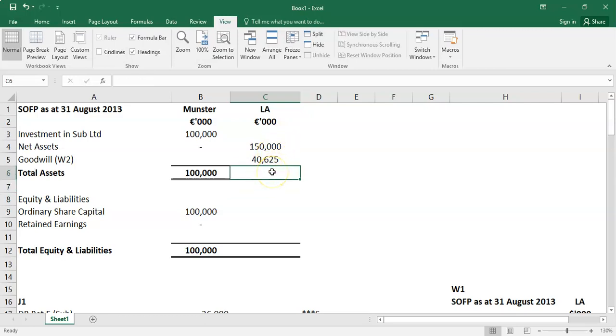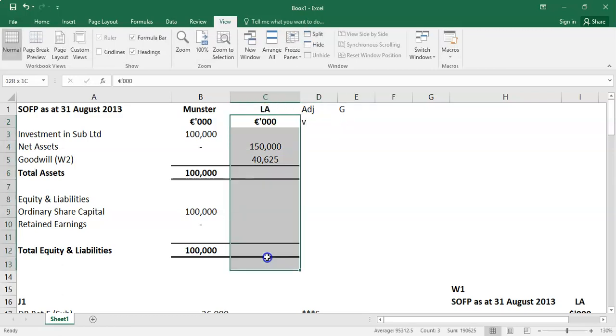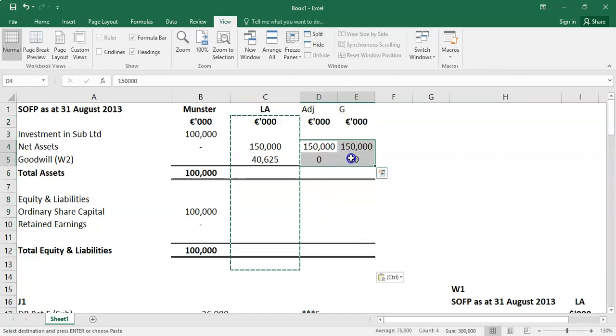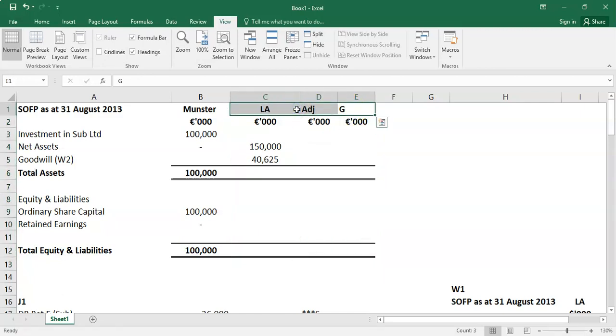So what I'm doing here is I have to do my adjustment column, adjustment, and then do group. It's more logical. Take these and copy them across. So you have your adjustments and groups. So an adjustment here, that should be in this column, 4625.